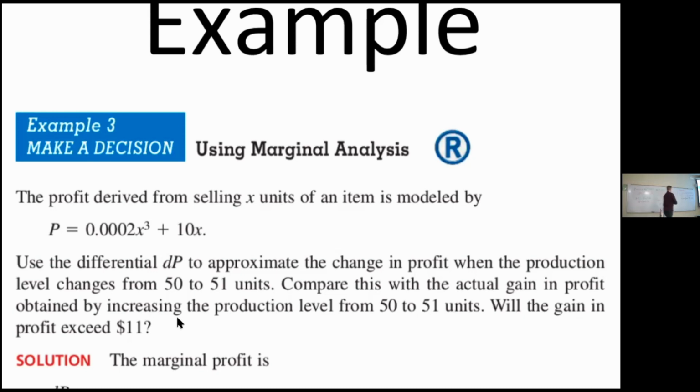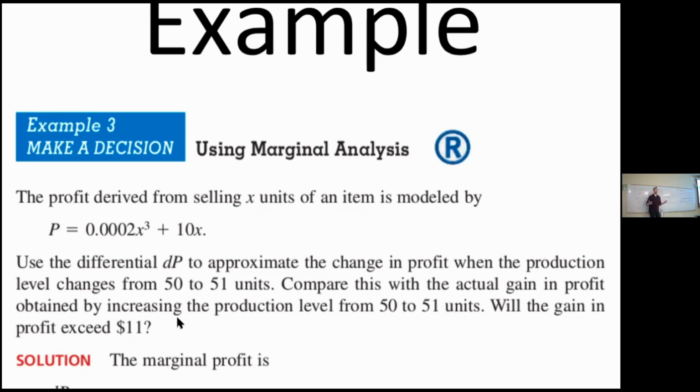So now, working this out, since we're evaluating from 50 to 51, we've got P of 51 minus P of 50 is equal to 0.0002 times (51 cubed minus 50 cubed) plus 10.